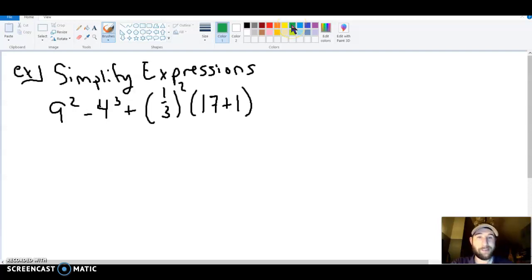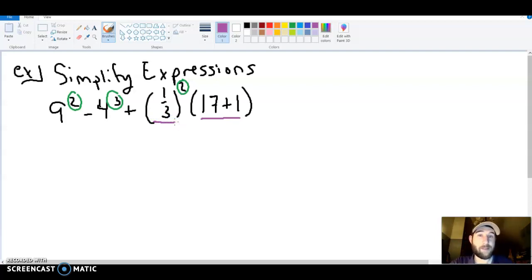In particular, let's look at our exponents. And so we have exponents here, here, and here. Parentheses technically have to happen first, but what that actually means is we have to do what's inside the parentheses. And so when we look inside the parentheses, what we see is 17 plus 1, and we see 1 divided by 3.